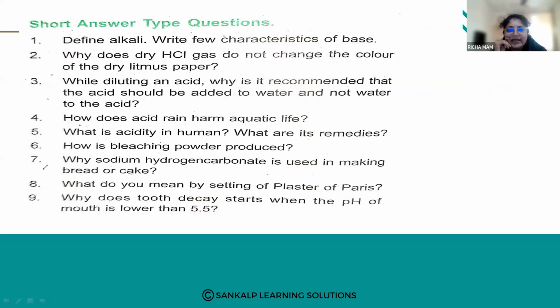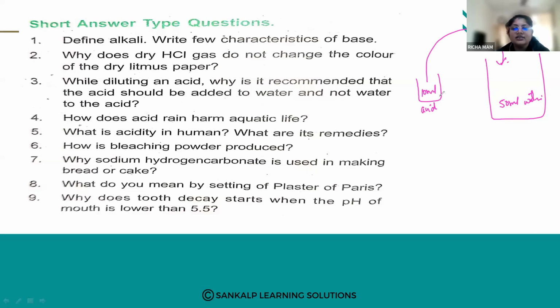While diluting an acid, why is it recommended that the acid should be added to water and not water to acid? Suppose I have 10 ml of acid and 50 ml of water. It is said that acid should be added to water and not water to the acid.